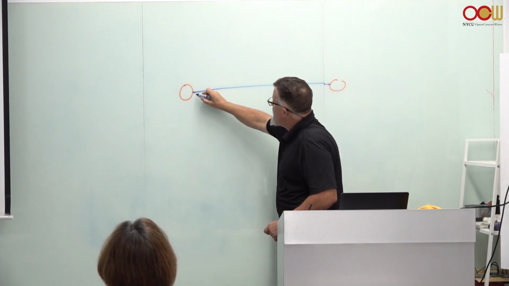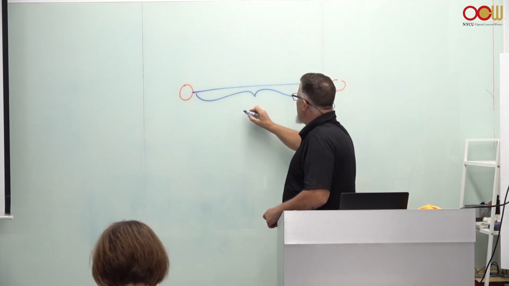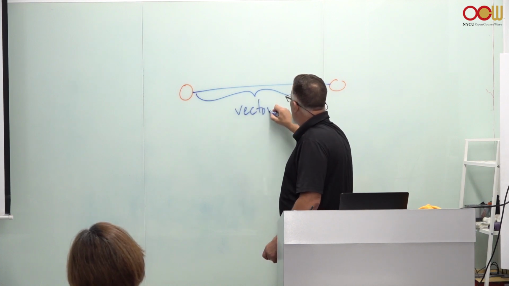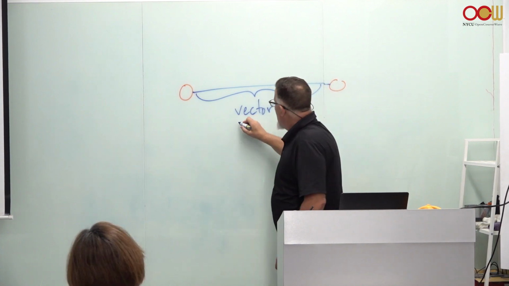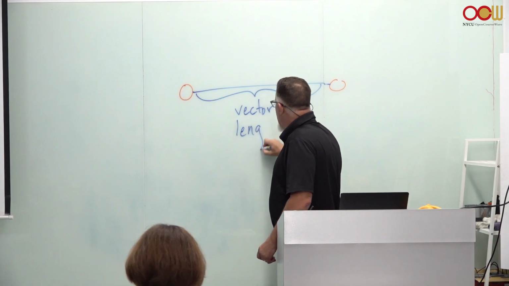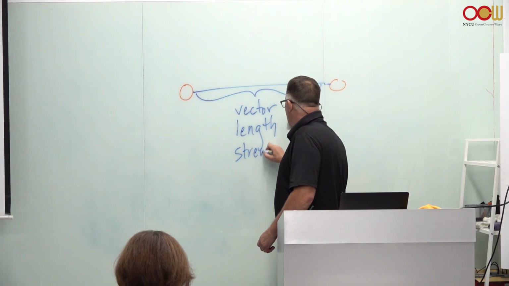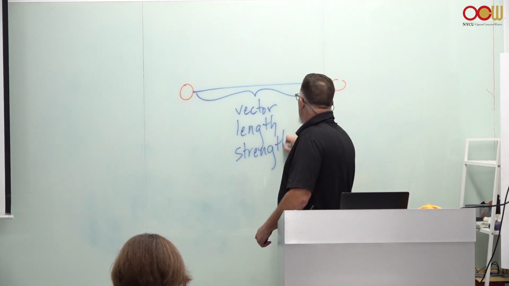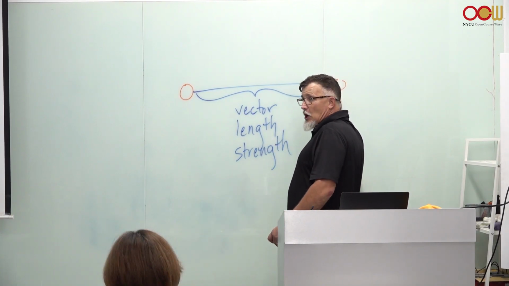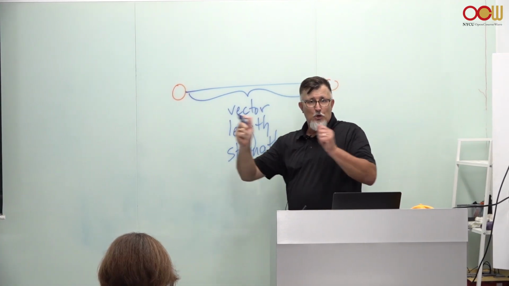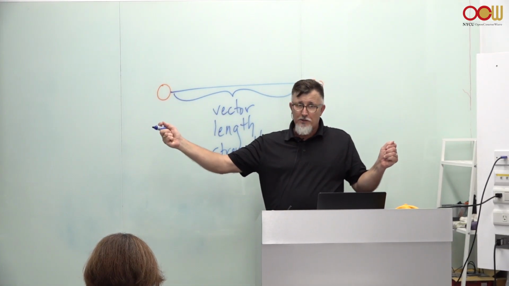And so this here can be things like a vector. It can be a simple length. It can have a certain strength so that it actually pulls a turtle together. It acts like a rubber band, and so you can't stretch them apart.